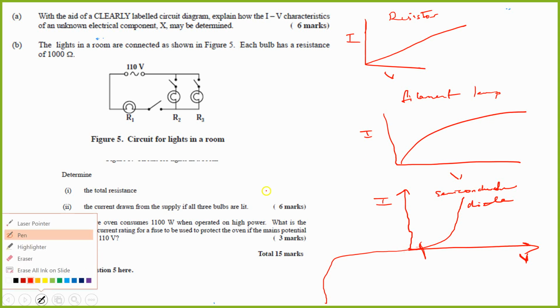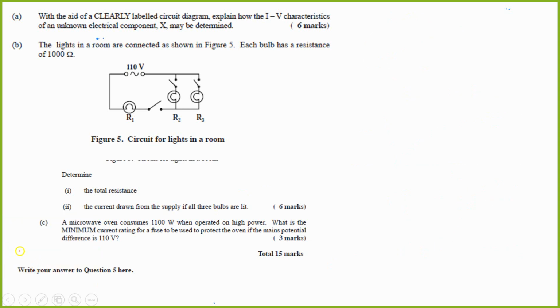Yes, sir. All right. So we need to answer the question. It says that with the aid of a clearly labeled circuit diagram, explain how the IV characteristics of an unknown electrical component may be determined. Now, for this, I'm going to go ahead and draw the circuit.